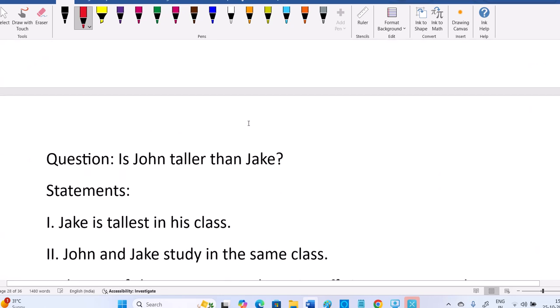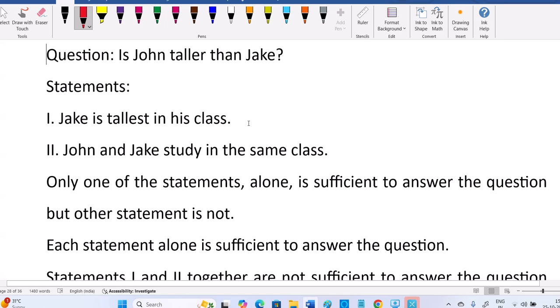Now, data sufficiency. Let me see how many of you can answer. Is John taller than Jake? Answer with both statements together.